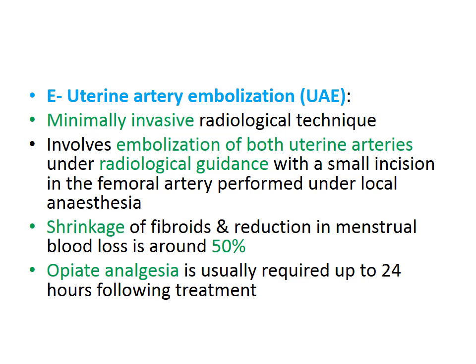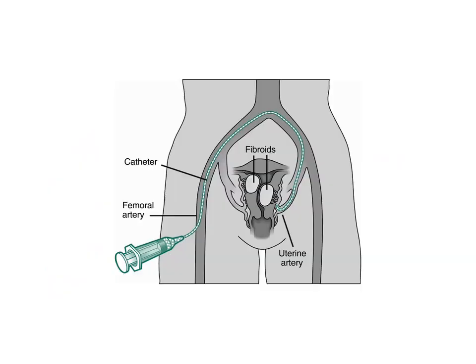And this is of course painful. Usually this procedure is followed by complications, the most important of which is pain. Therefore, opioid analgesia is usually required up to 24 hours post-treatment. This figure illustrates how the embolization technique is being carried out.